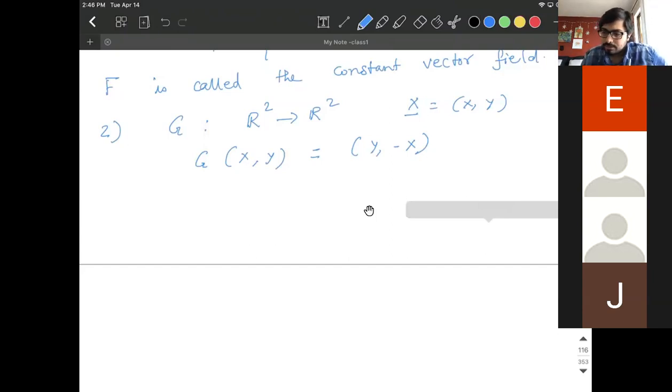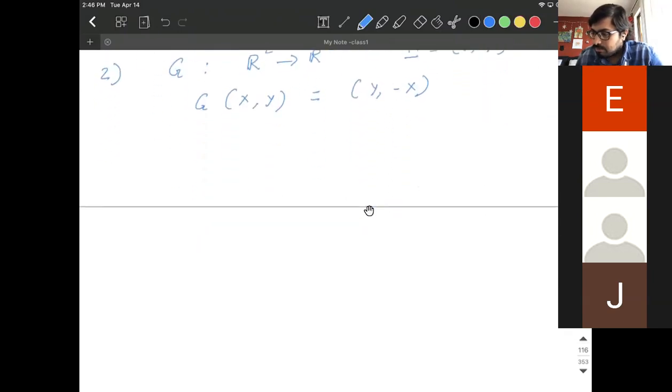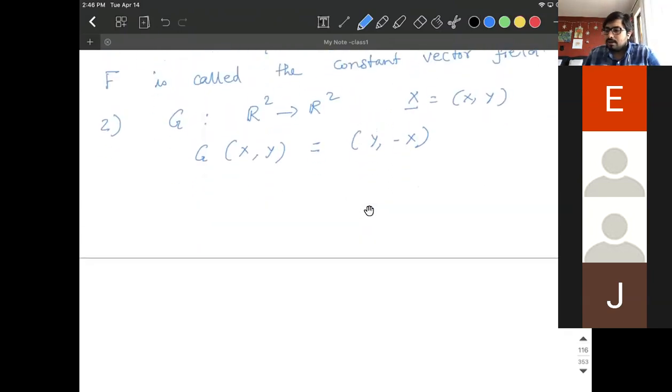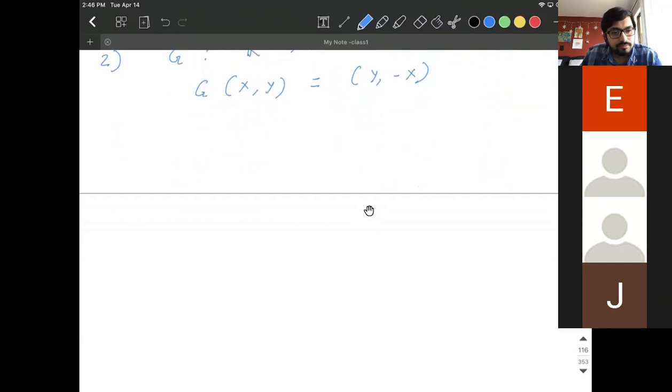So there are two operations. So first flip the coordinates (x, y) to (y, x), and then reflect along the y-axis to go to this (y, -x).